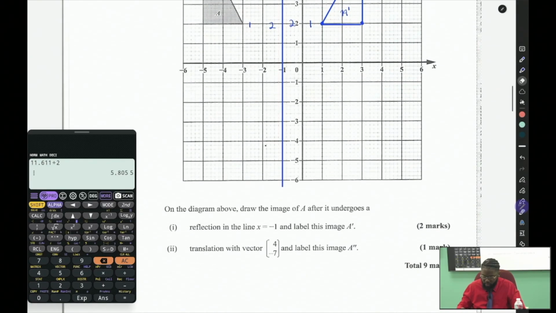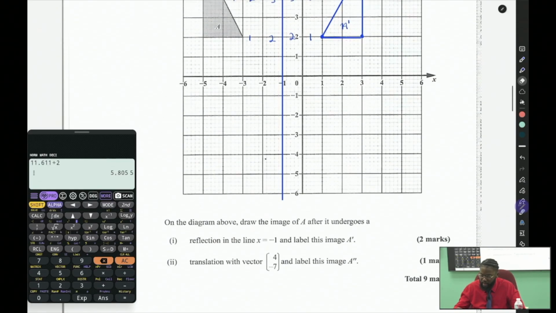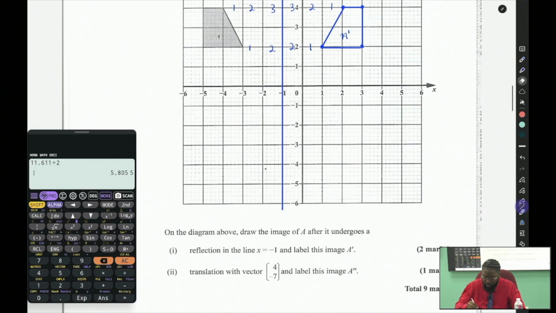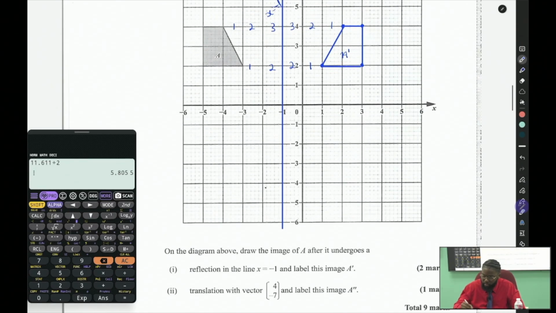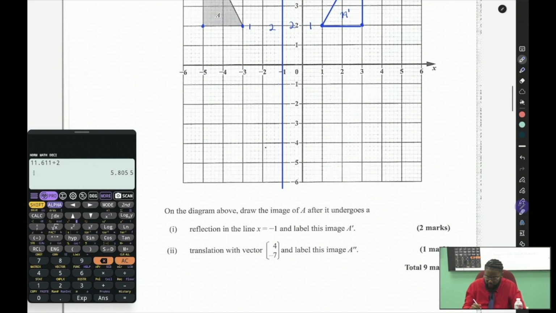However, we don't need to do that. A faster method would be to look at each point and then follow the directions based on the translation vector.